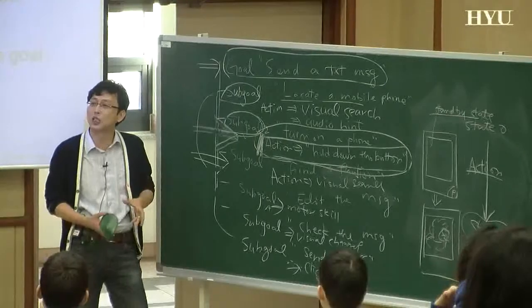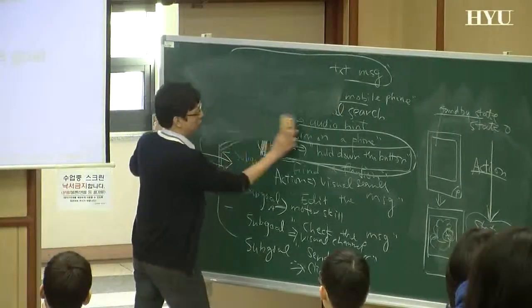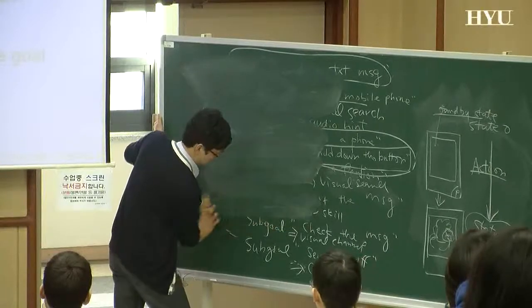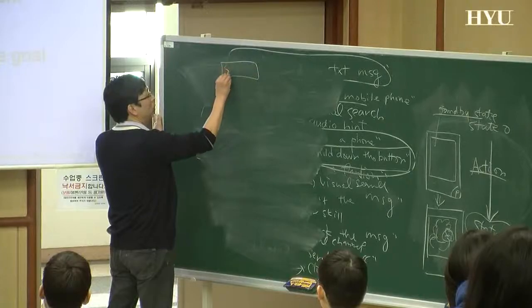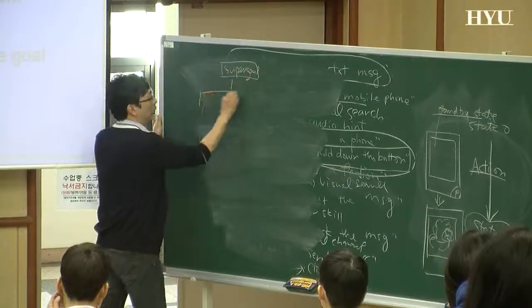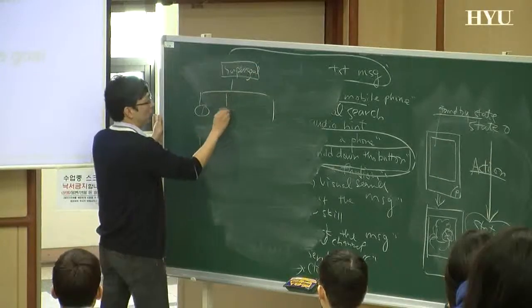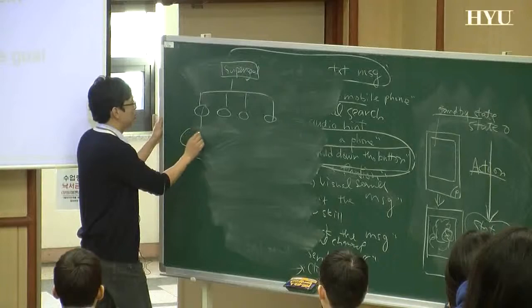But in many cases of human problem solving, when you draw it like a hierarchical structure, that is the super goal, and that is a sub-goal, and to achieve each sub-goal, we can have another sub-goal.